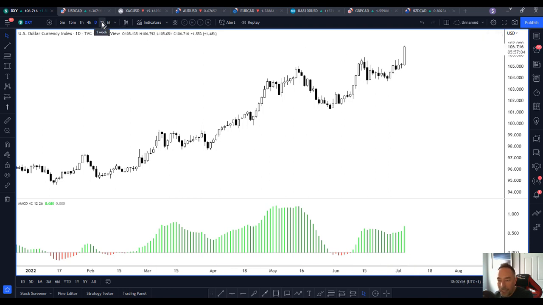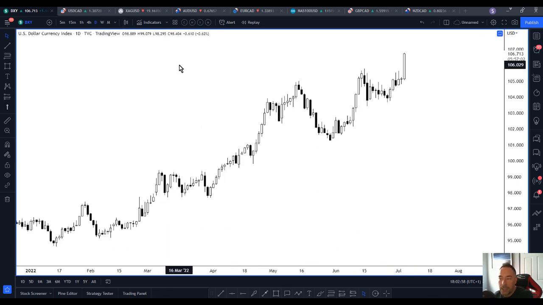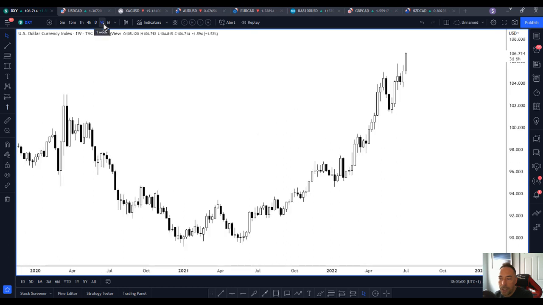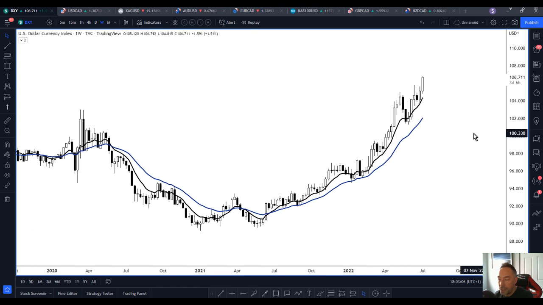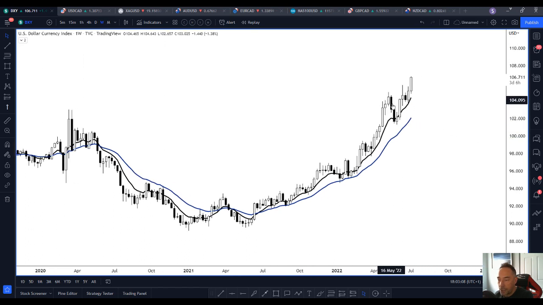Looking at the weekly is probably the best way to look at this, with some moving averages on there as well. If you know me, I like my moving averages. So we've had this correction into this 8 moving average, a morning star pattern, and we've started impulsing to the upside.